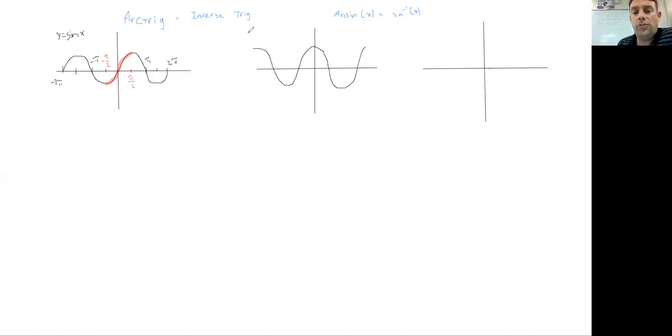So right here with cosine, we have our -pi/2, we have negative pi. We have -3 pi/2, we have -2 pi. And then pi/2 and pi. 3 pi/2 and 2 pi.